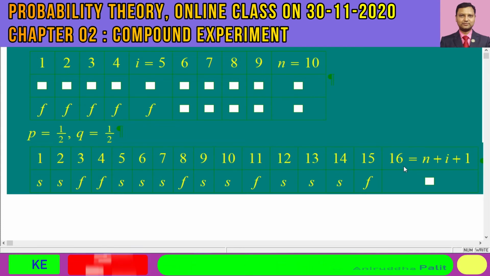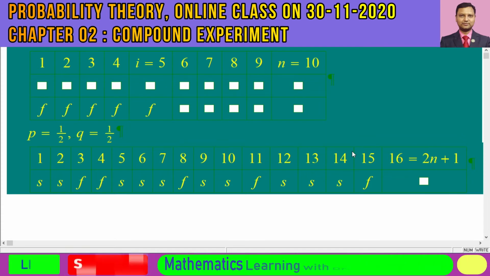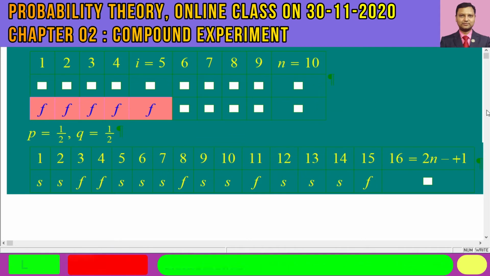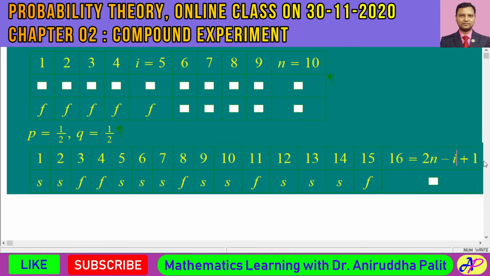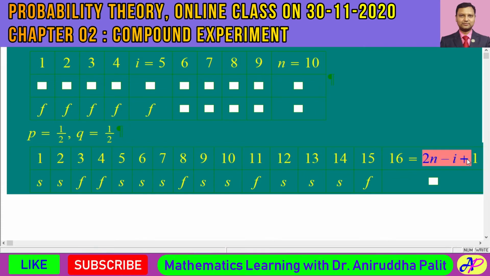Out of the twice n number of trials, let's deduce i, since already i number of sticks are there. So 2n minus i plus 1 number of trials is this 16.